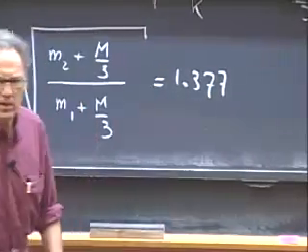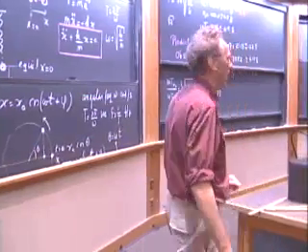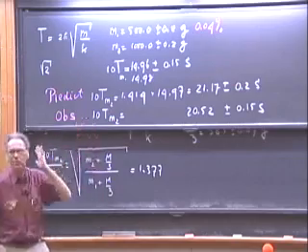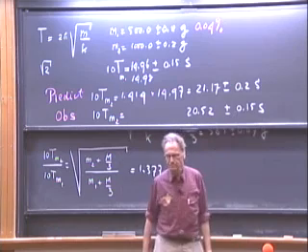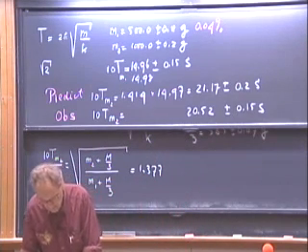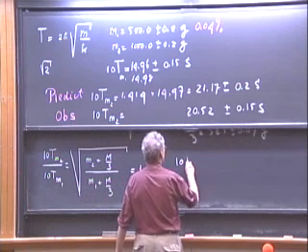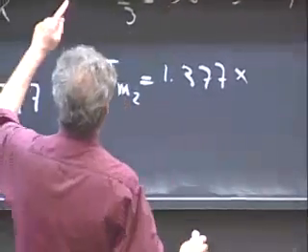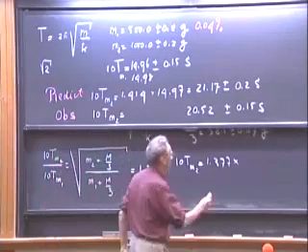And the uncertainty is so small compared to my timing uncertainty that I don't even have to allow for any uncertainty in that number. Because remember, the uncertainties in these masses were of the order of 0.1%. Compare that with the uncertainty in the observations of the time, which were closer to 1%. So we can bring this now to a test, and all I must do now is multiply, if I want to find now 10Tm2, then I take 1.377 and I multiply it by 10Tm1.